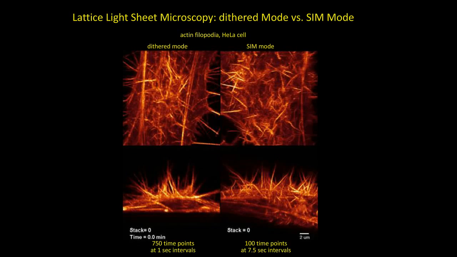So as you can see from this movie, we will see the two different scanning modes, the dithered mode and then the SIM mode. So now we can play the movies. Then we will see what's going on for these two.